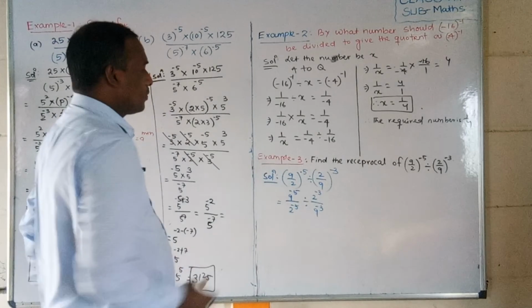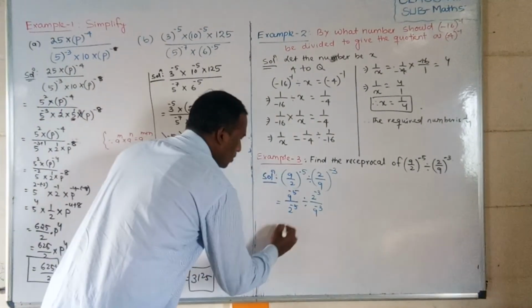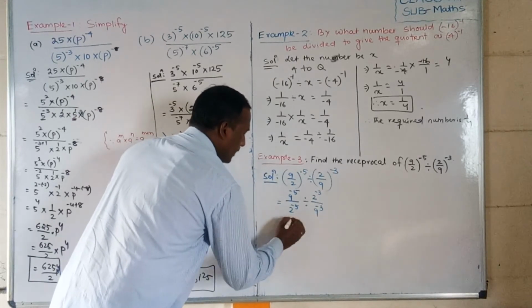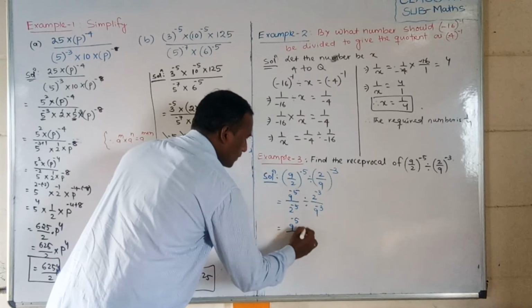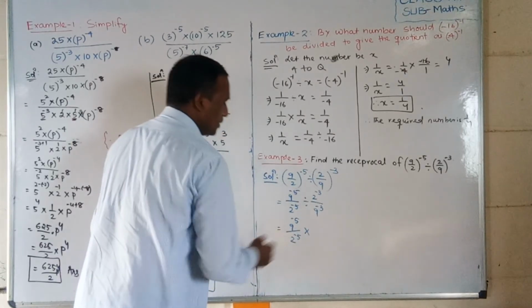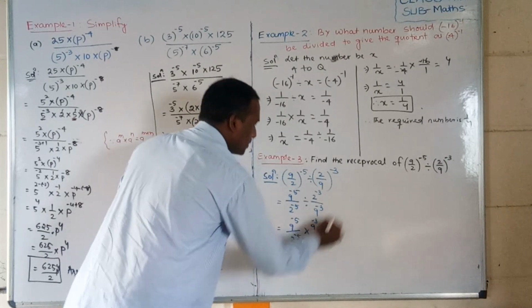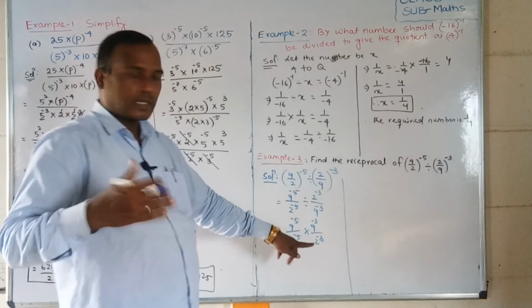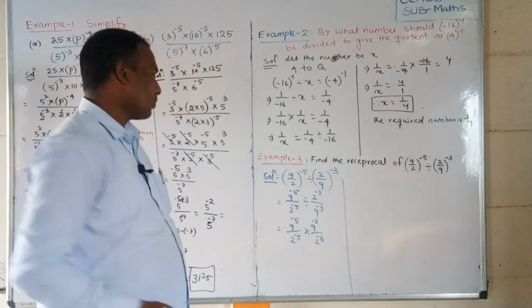First we write it in exponent form: 9 power minus 5 by 2 power minus 5 into, this will change, 9 power minus 3 by 2 power minus 3. Because whenever we multiply or divide fractional rational numbers, the divisor changes, we have to take the reciprocal.